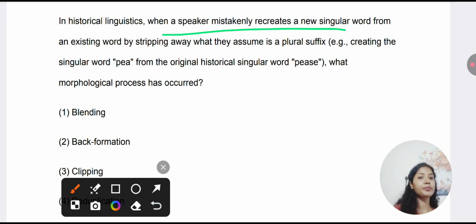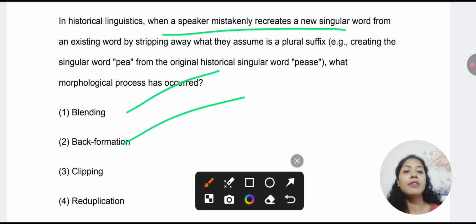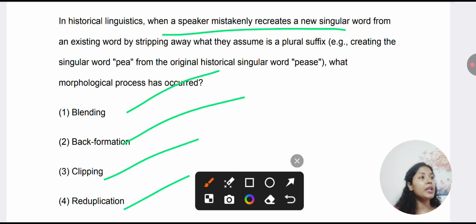Okay. So blending, back formation, clipping, or reduplication. Which one?